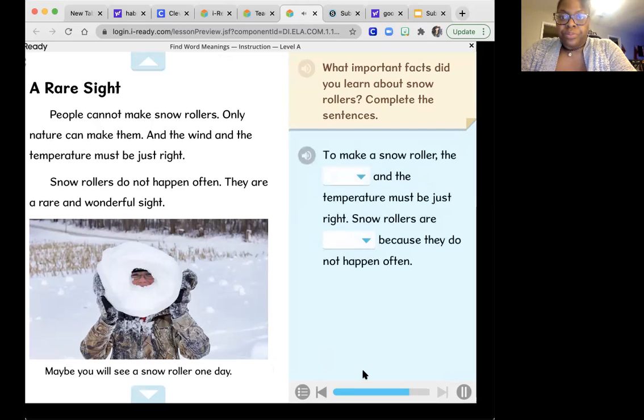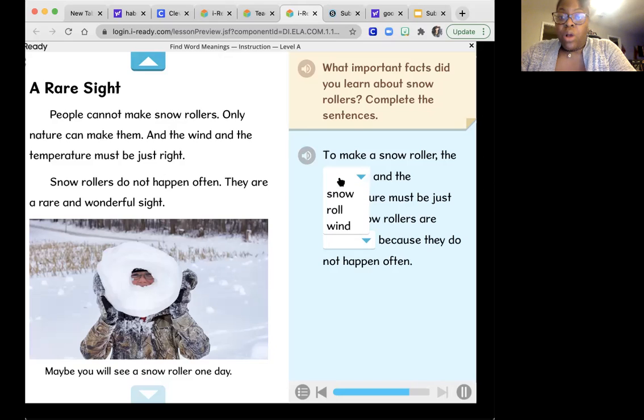What important facts did you learn about snow rollers? Complete the sentences. To make a snow roller, the blank must be just right. Snow rollers are blank because they do not happen often. Okay, so let's go to our pull down menu.